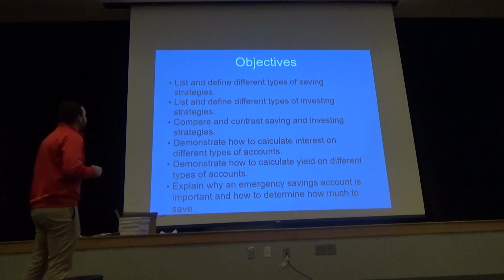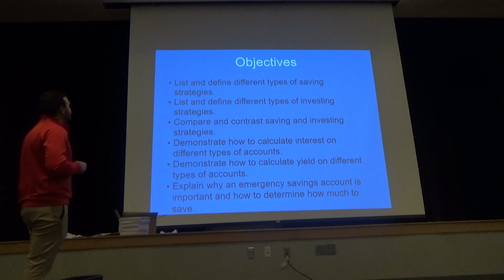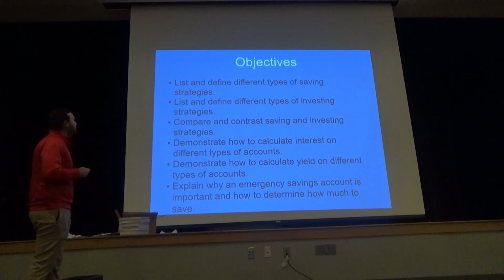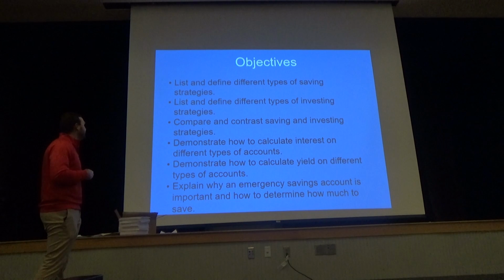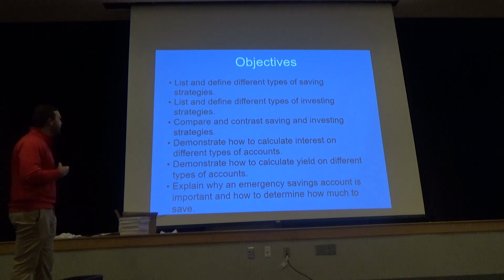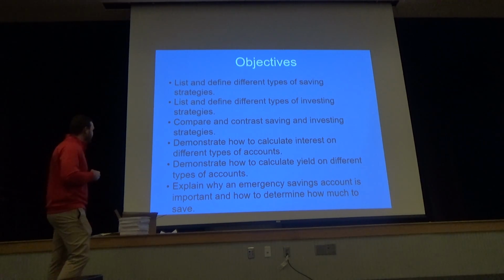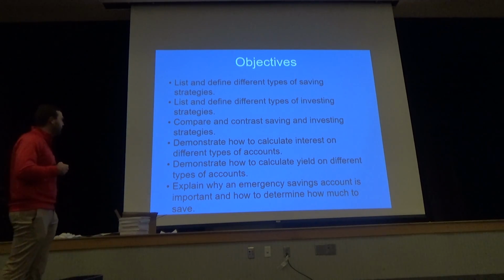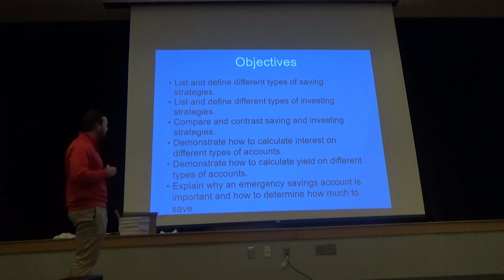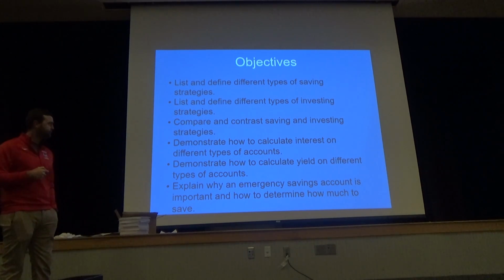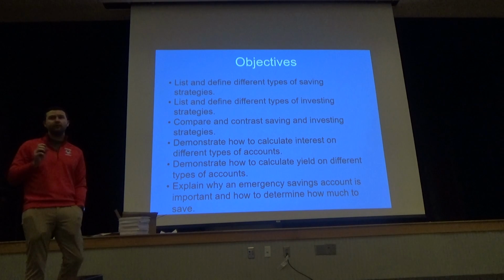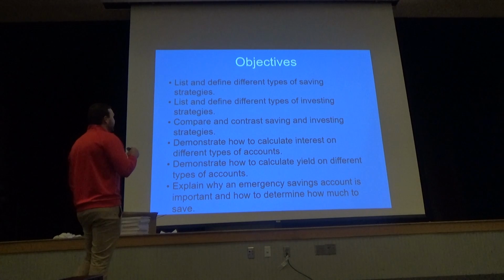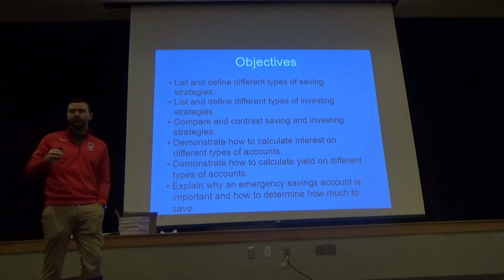Alright, so list and define different types of saving strategies, list and define different types of investing strategies, compare and contrast saving and investing strategies, demonstrate how to calculate interest on different types of accounts, demonstrate how to calculate yield on different types of accounts, and explain why an emergency savings account is important and how to determine how much to save. Today we're just going to talk about savings. Tomorrow or Friday we will talk about investment strategies.